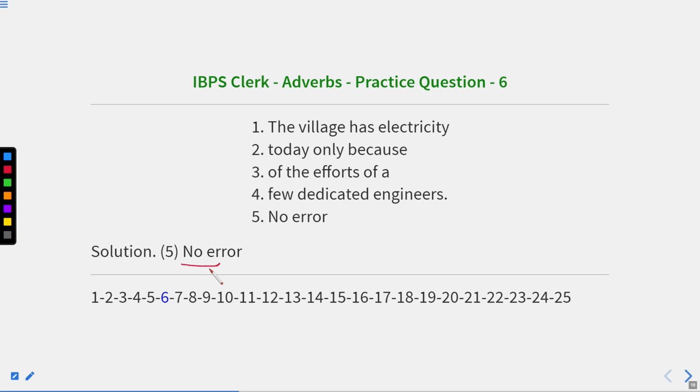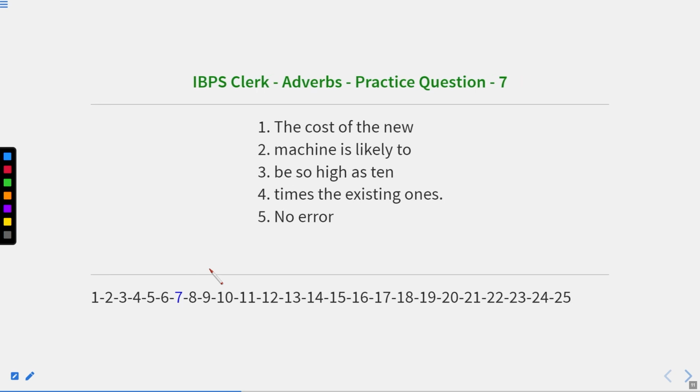Now let us move to the next sentence. That is question number 7. The cost of the new machine is likely to be so high as 10 times the existing ones. Now, whenever we compare two things together, we use the word as and as. So as pattern is only used in negative sense.